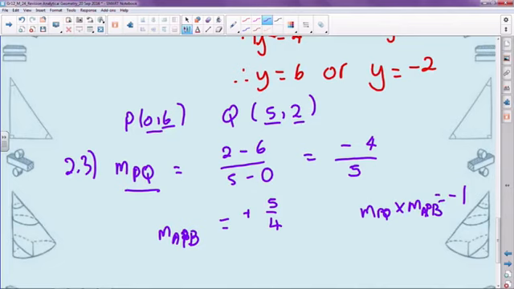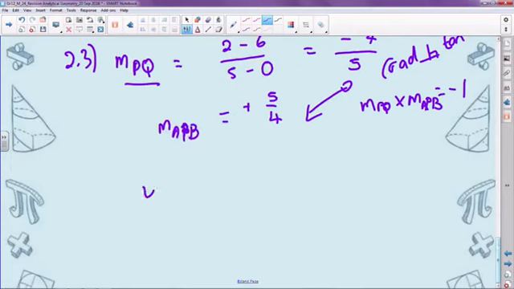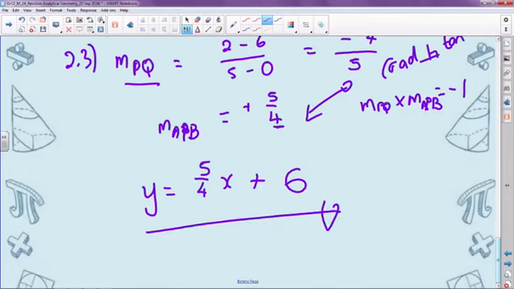Okay, because radius is perpendicular to tangent. So therefore the equation now of this line will be y is equal to mx plus c, and what was the y-intercept of line APB? It was 6. So therefore the equation of our line APB is 5 over 4x plus 6.